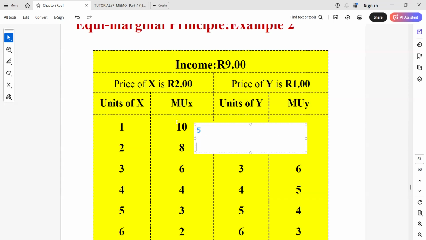And then 8 divided by 2, you get 4. And then 6 divided by 2, you get 3. I hope you guys are calculating as well. 4 divided by 2, you get 2.